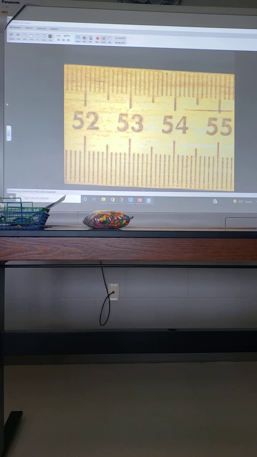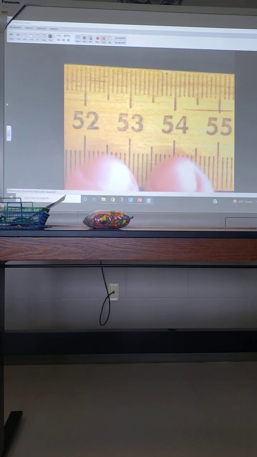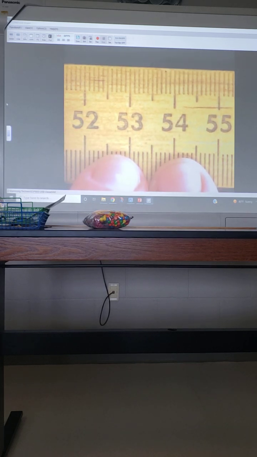So I'm going to get my dimes out here. Each of my centimeters is broken into 10 spaces.